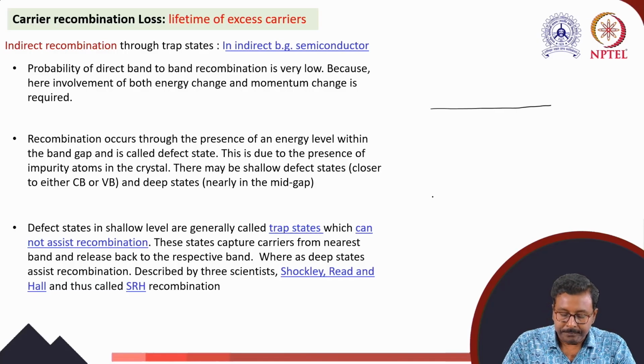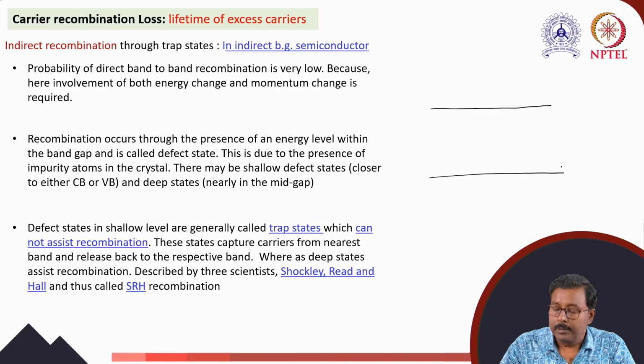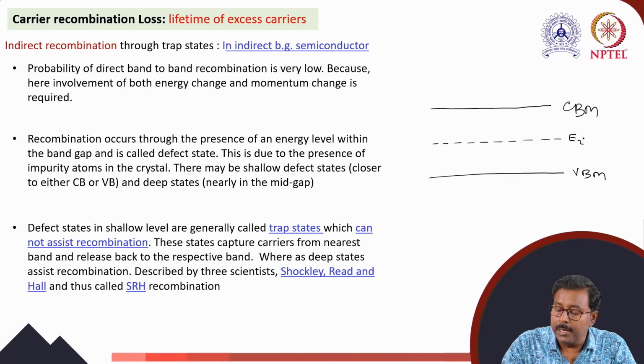Suppose this is conduction band minima and this is valence band maxima. This is the position of intrinsic Fermi level EI. Defect states may lie here. Some defect states may lie here.